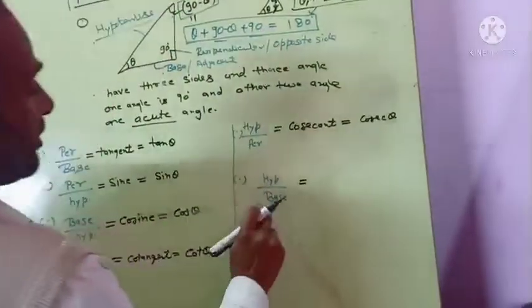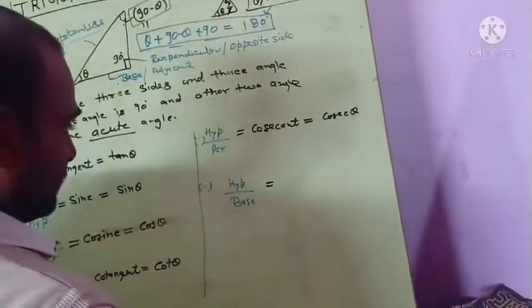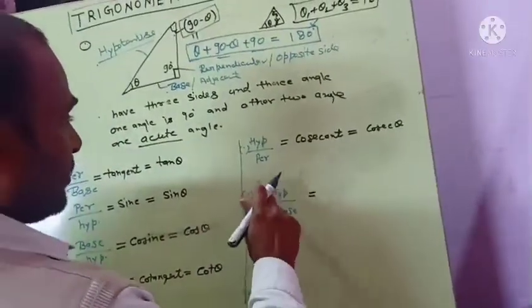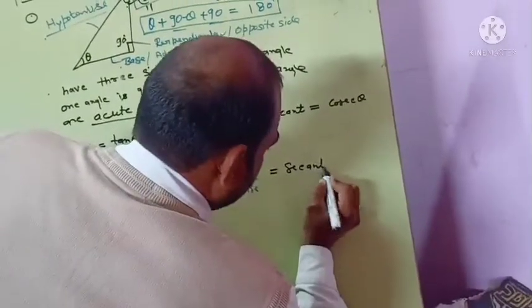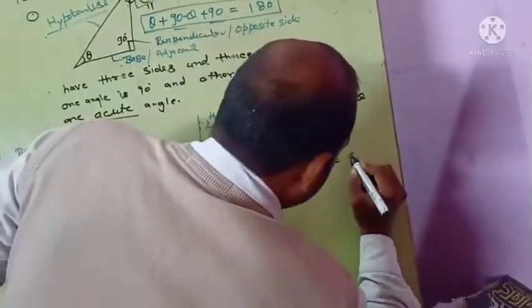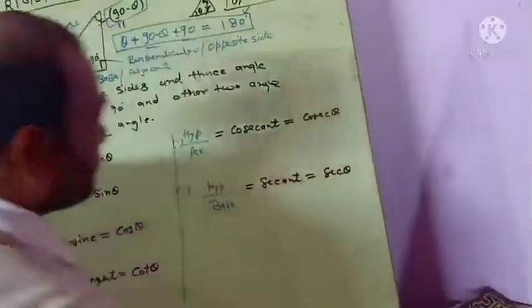Same as hypotenuse upon base is called secant, with respect to theta called sec theta.